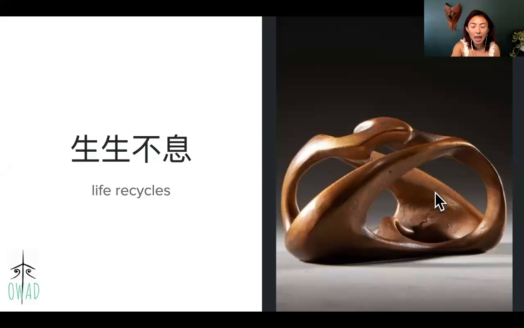And I translate it as life recycles. I don't know if it's the best rendering of this concept into English, but it's life regenerating itself. Not a replica of yourself, not another iteration of yourself. No, it's a new generation. So generation after generation, life recycles that way through generational shifting.